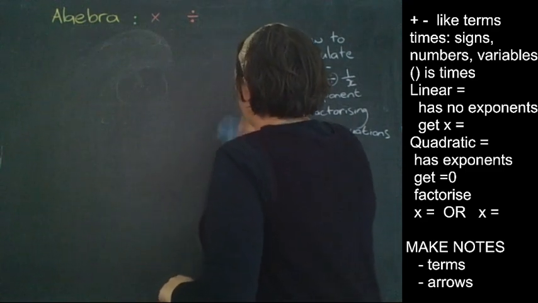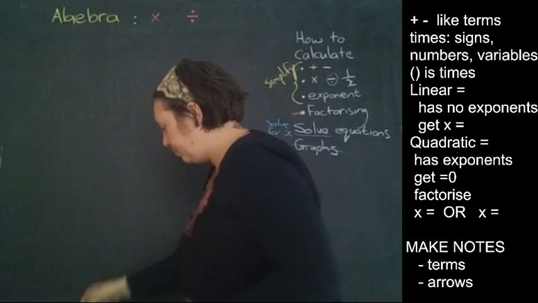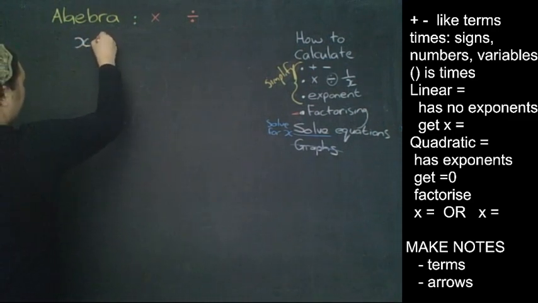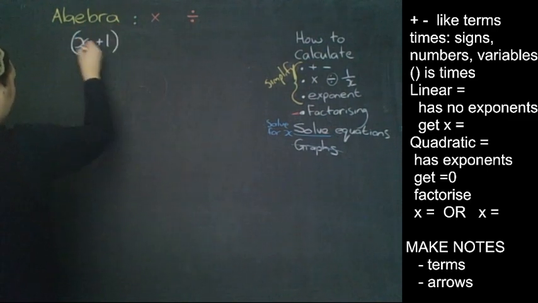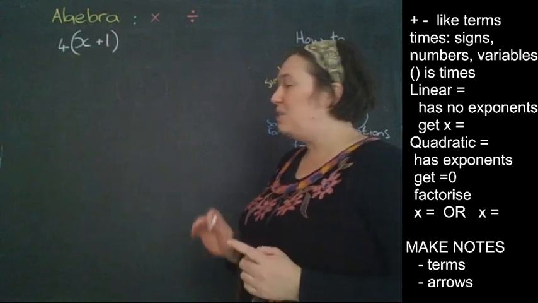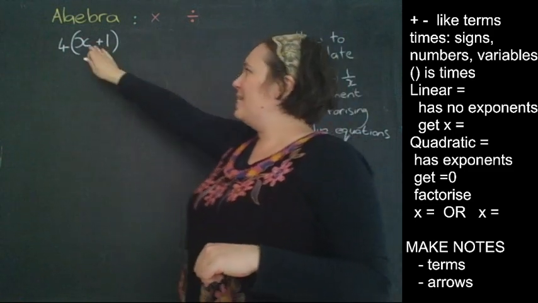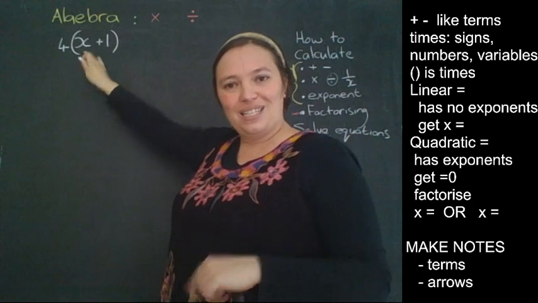Now, what about if we've got something like this? I said brackets means times, but we also know that brackets means grouping. So is there something we can do here first? No, there isn't.